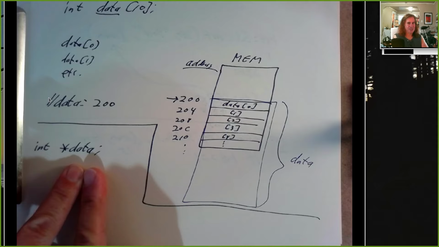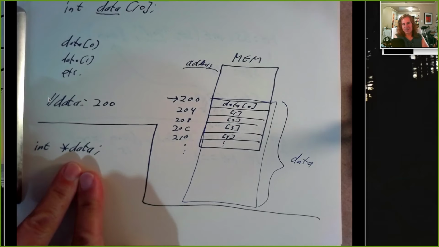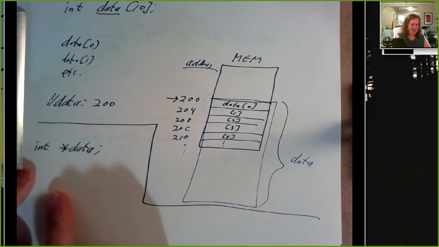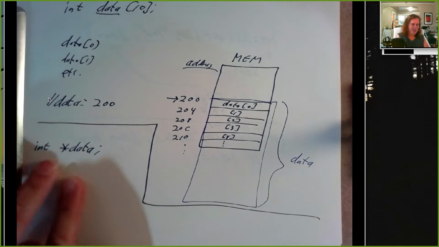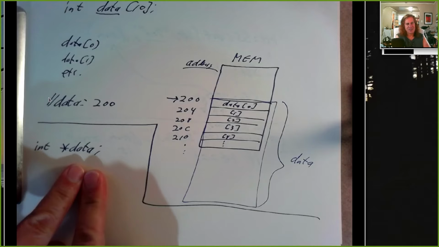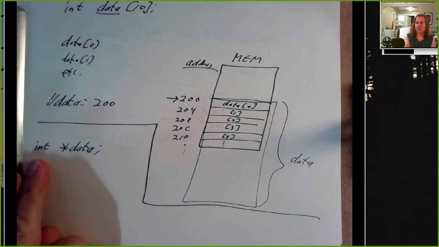Data is an address. If I say char star data, data is still an address. It's a big integer. If I say structure, big long structure with weird name, star data, data is still just an address. It's a 32 or 64-bit integer, depending on your architecture, that represents where this thing is stored in memory.